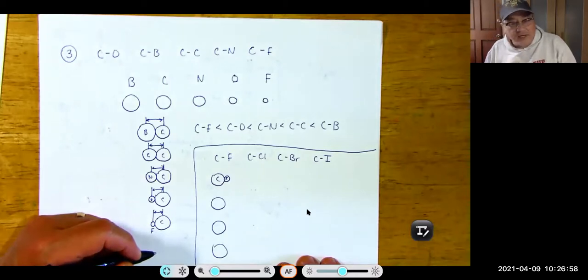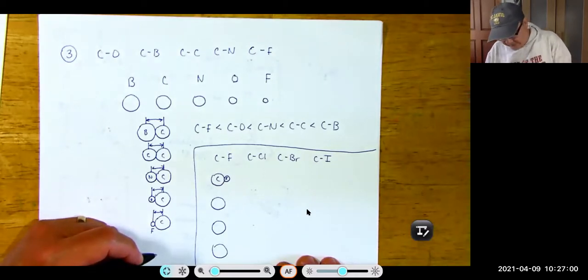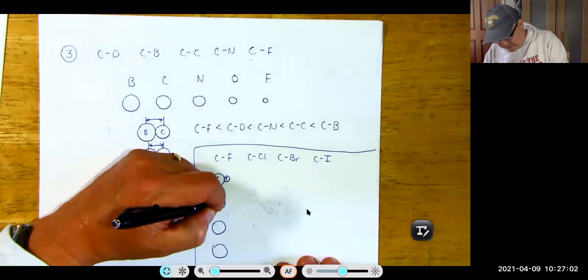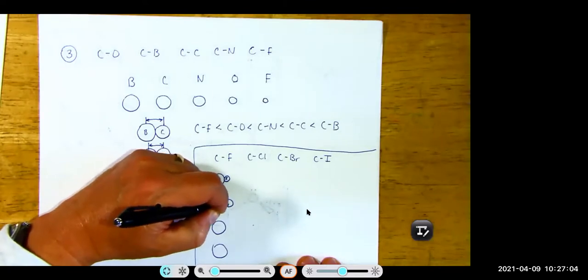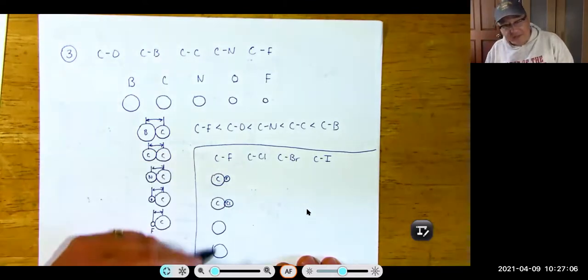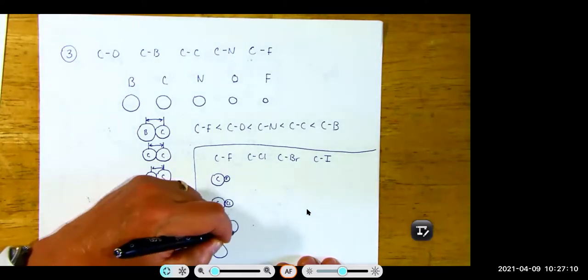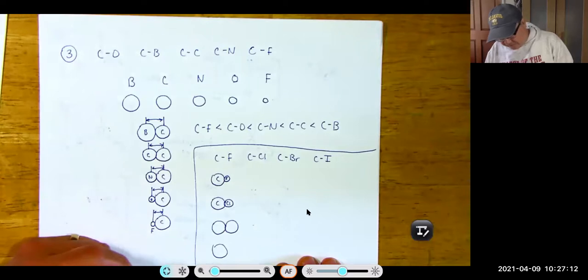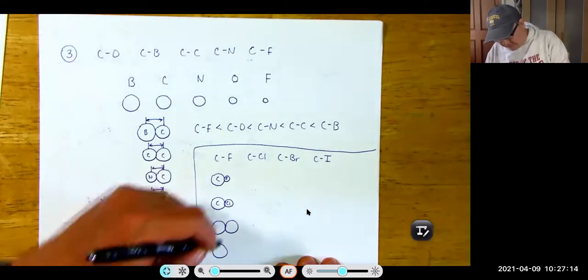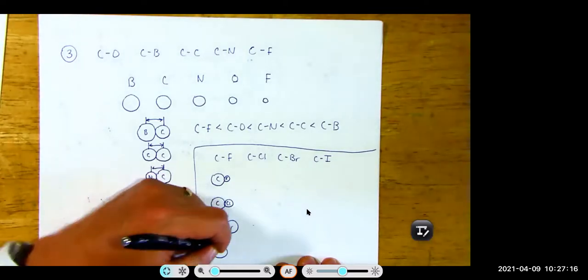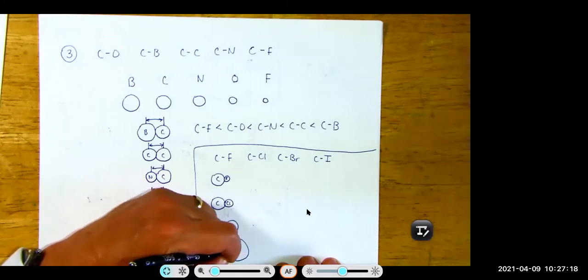What's a chlorine going to be compared to a fluorine? Bigger? Yeah. So what's a bromine going to be compared to a chlorine? Bigger? And then what's an iodine compared to a bromine? Bigger?